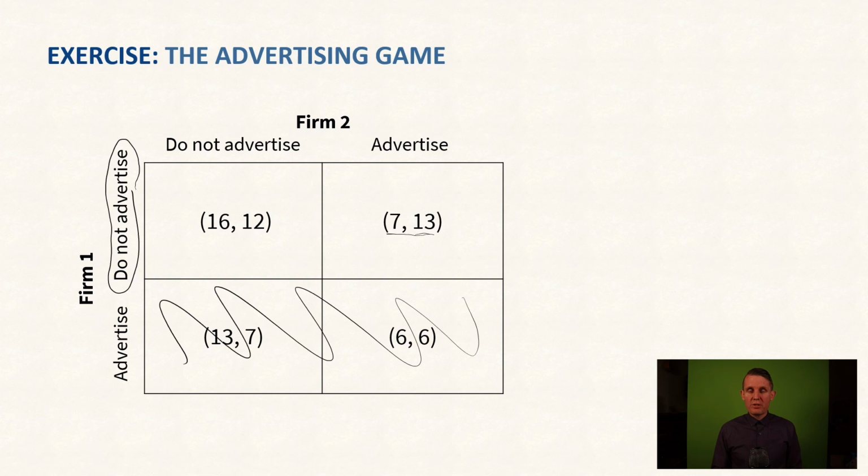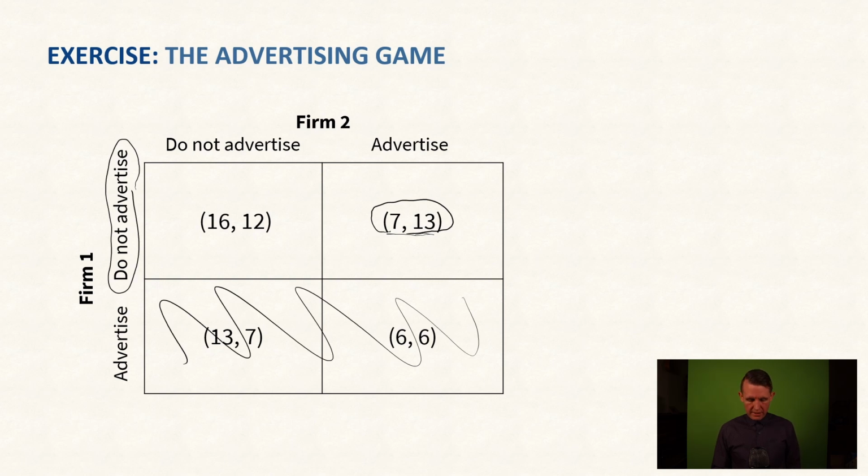However, it is a dominant strategy to all the feasible strategies that firm 1 would take, assuming it was rational and self-interested. So given firm 2's best response of advertising, we can now quite easily calculate what the Nash equilibrium is, which is this cell here.